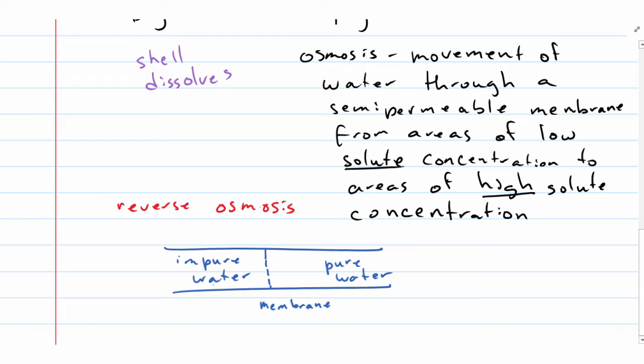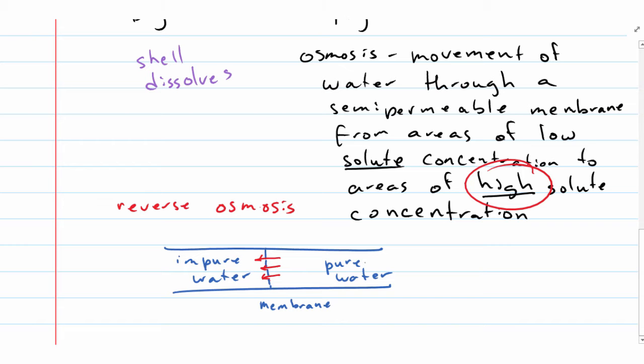Following our definition of osmosis, if this is pure water and this is impure water, which direction would that water want to move? Is it going to want to go that way, or is it going to want to go to the left? Well, it's going to want to go to the left, because it always goes in the direction of the higher solute concentration. That's the direction that osmosis would put it.